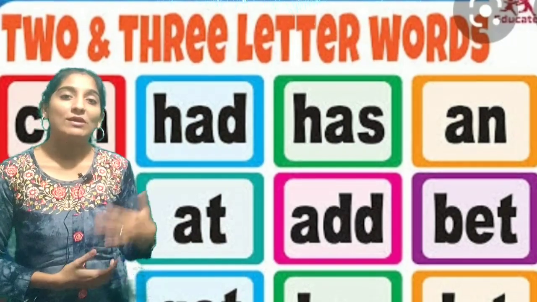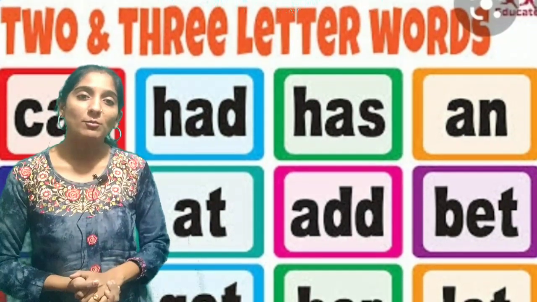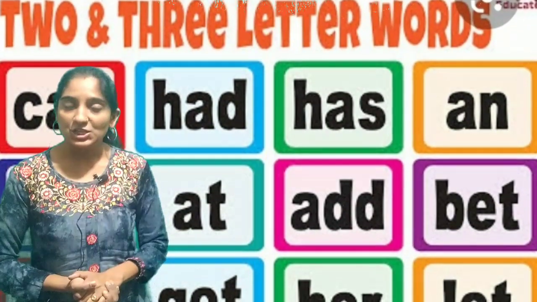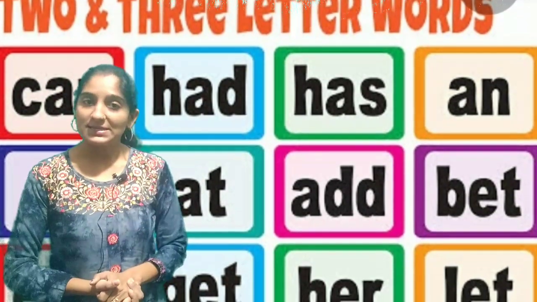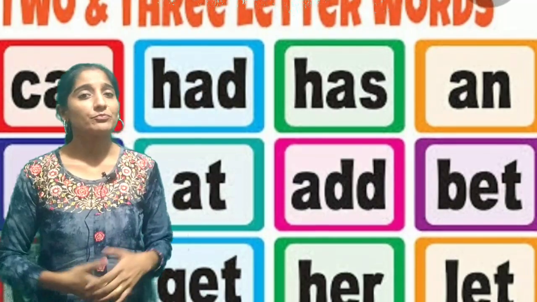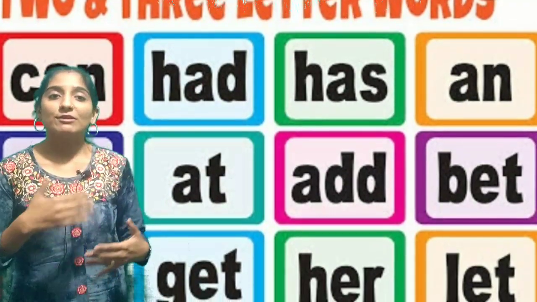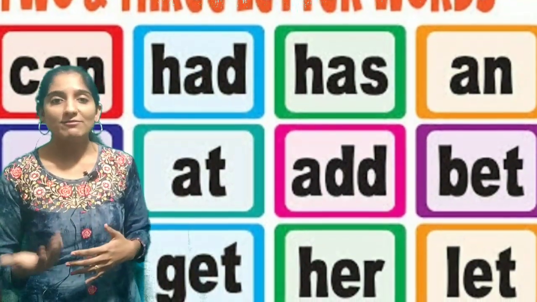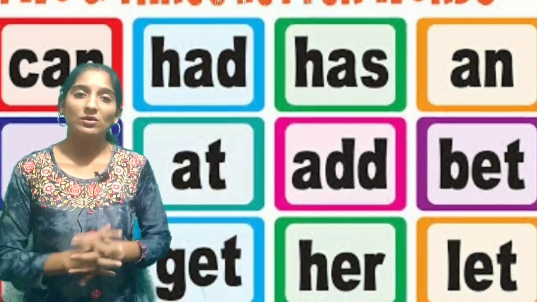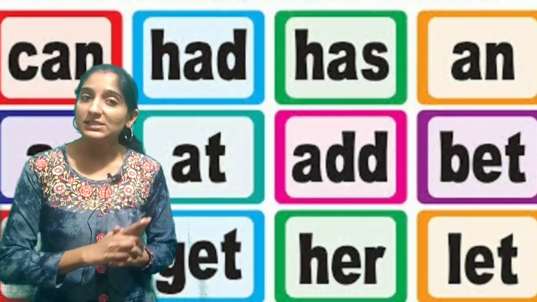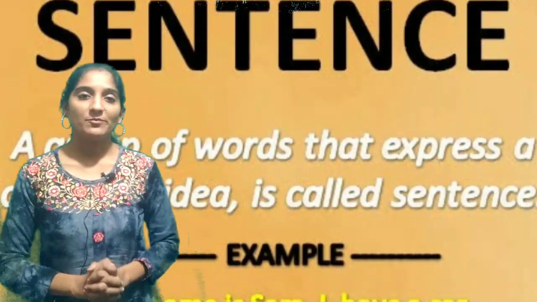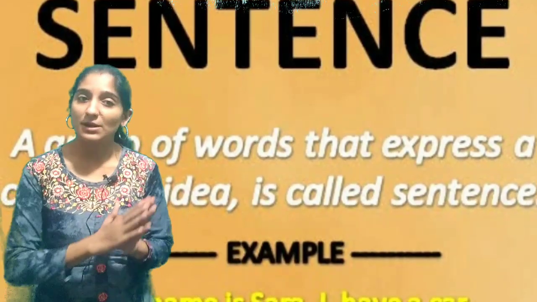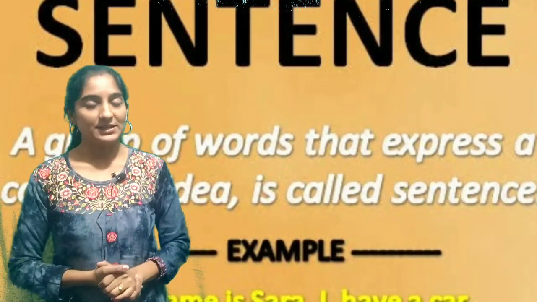In this way, when three letters combine, they form a three-letter word: THE, the, FOR, for, CAN, can. When four letters combine, when five letters combine, they form words. And when these words combine, they form a sentence.